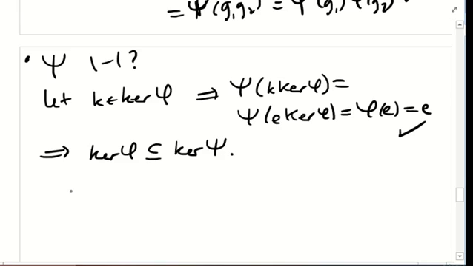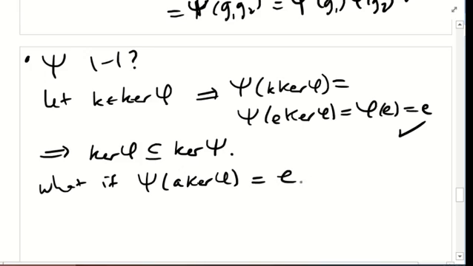Okay, I needed to show the other way. What if psi of a kernel psi equals the identity, right, in the image of phi, okay?